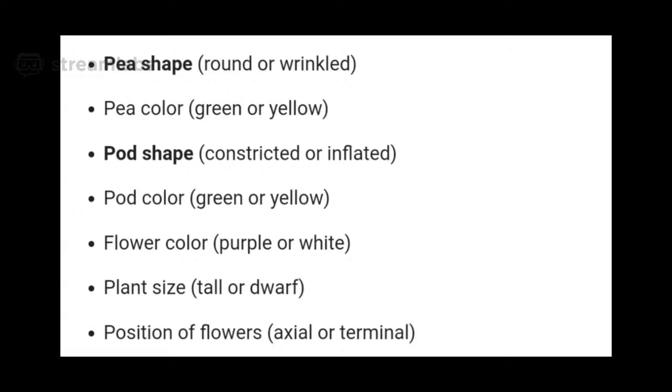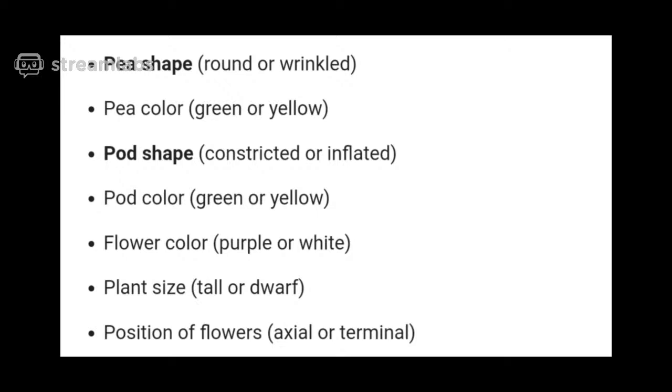Such variations are found in the pea plant, and he needed the variations in order to study the differences. So he selected the pea plant because of these 7 contrasting characters. Other than this, he selected the pea plant because its lifespan is very short. He can get more generations in a year, and it can grow anywhere.